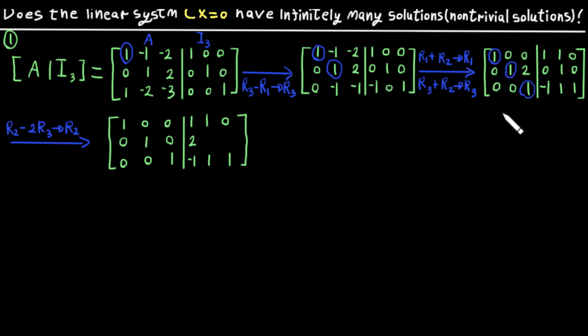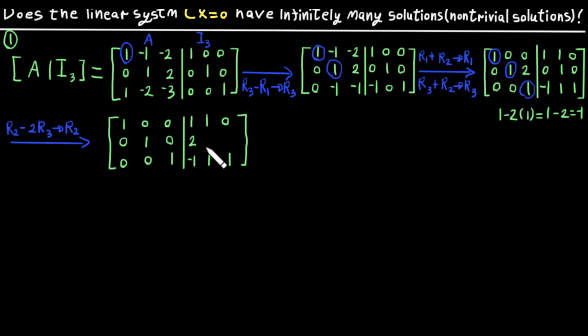Here 1 minus 2 multiplied by row 3, which is here 1. So 1 minus 2. 1 minus 2 will be negative 1, the answer.